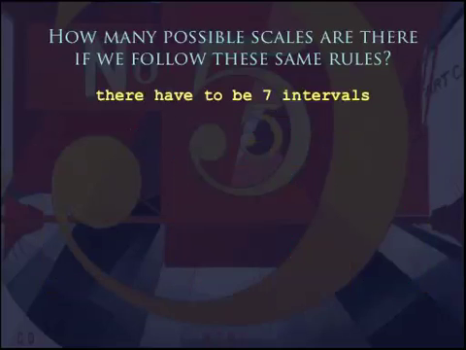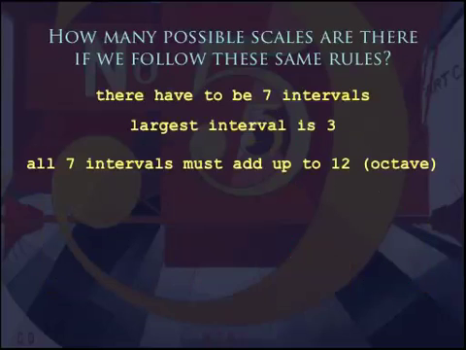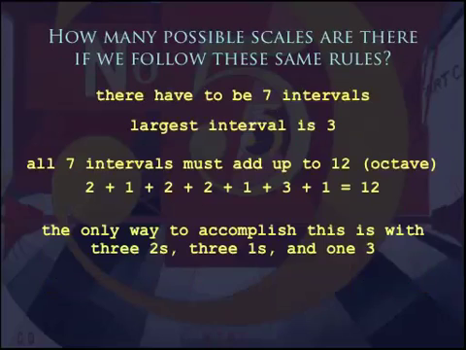So we have to change our rule a little bit here. There still has to be 7 intervals because we need 7 different pitches. In this case, though, the largest interval is 3, and the intervals still have to add up to 12. So it turns out that the only way we can do that with 7 notes and a 3 is by having 3 intervals of 2, 3 intervals of 1, and then 1 interval of 3.